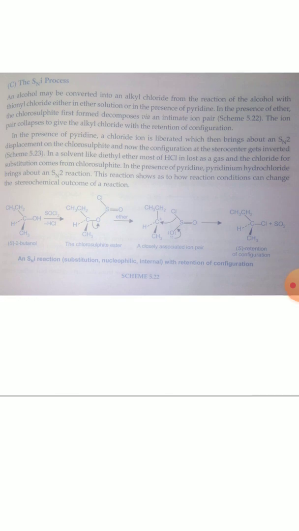The alcohol first reacts with thionyl chloride forming an intermediate alkyl chlorosulfite. In this step, inversion is not possible because the bond between the carbon atom and oxygen atom is not broken. Then the chlorosulfite loses SO2 and forms an intimate ion pair.